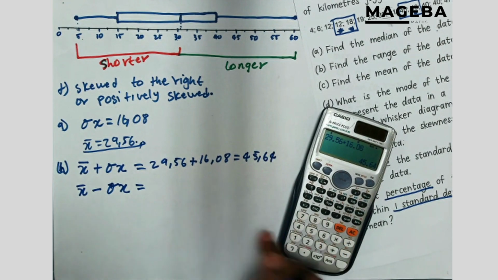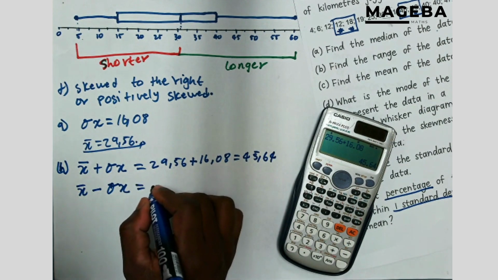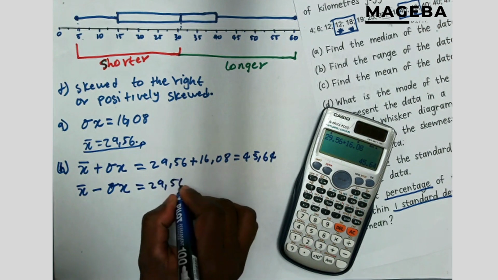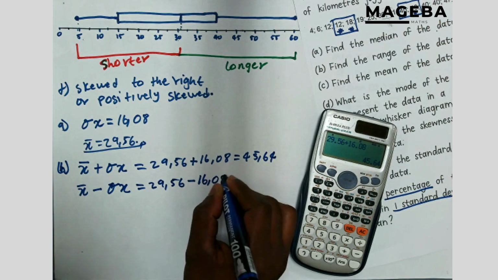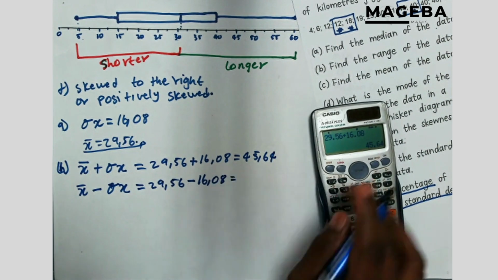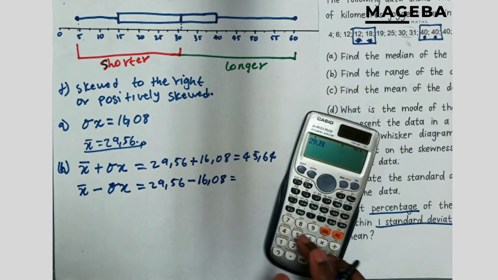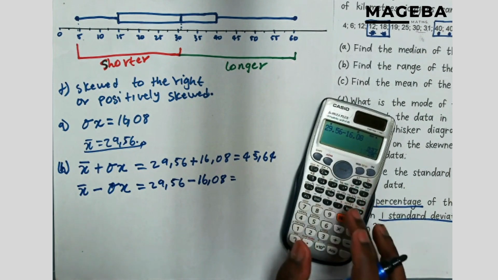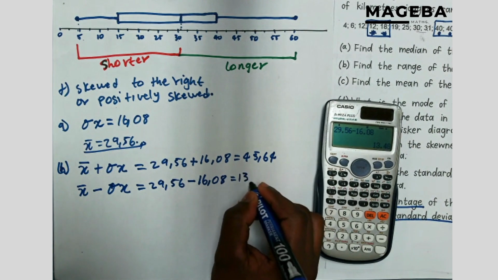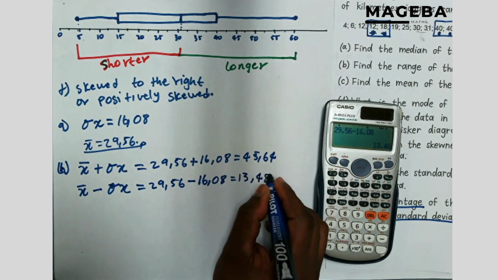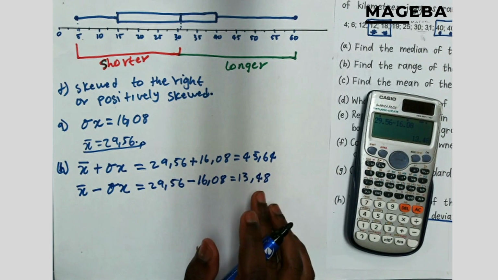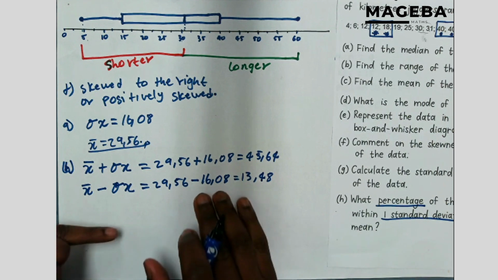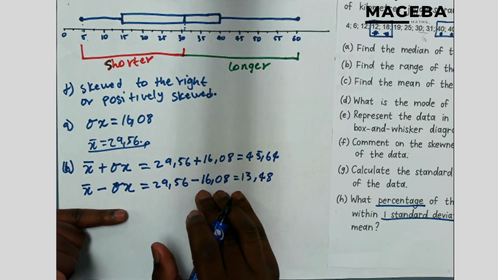And then if I look at my mean, which is 29.56, minus my standard deviation, which is 16.08, if I calculate this, 29.56 minus 16.08, it's 13.48. So this is my 1 standard deviation. This is how we calculate the 1 standard deviation.